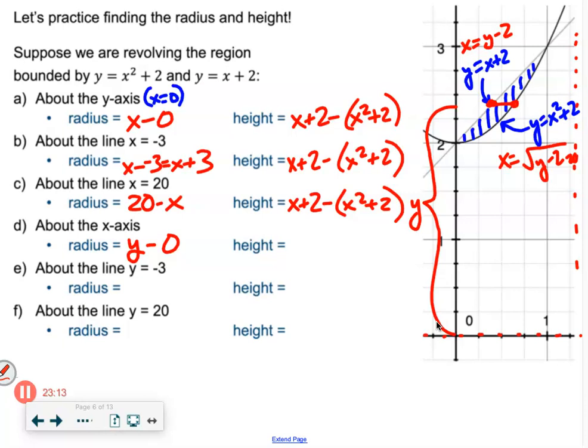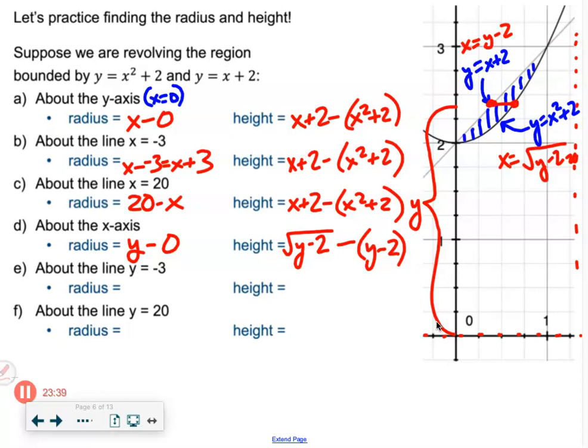If we were on the other side, it would be the negative root. So our height, right minus left, is root y minus 2 minus the quantity y minus 2. Is that okay? Good.